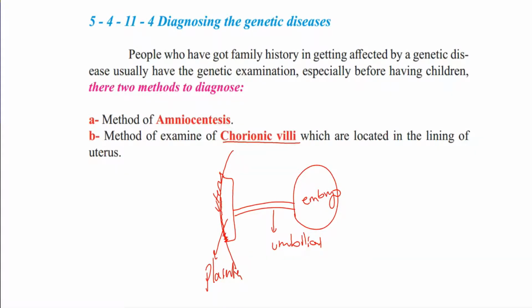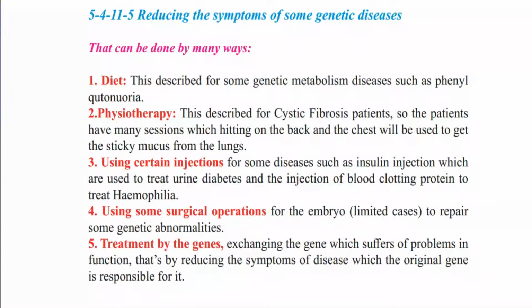The small blood vessels make cytoplasmic extensions to connect to the mother's uterus. These finger-like projections are called chorionic villi, which connect the embryo to the mother's uterus. Taking a sample of them is a method to diagnose genetic diseases before birth or before symptoms appear.